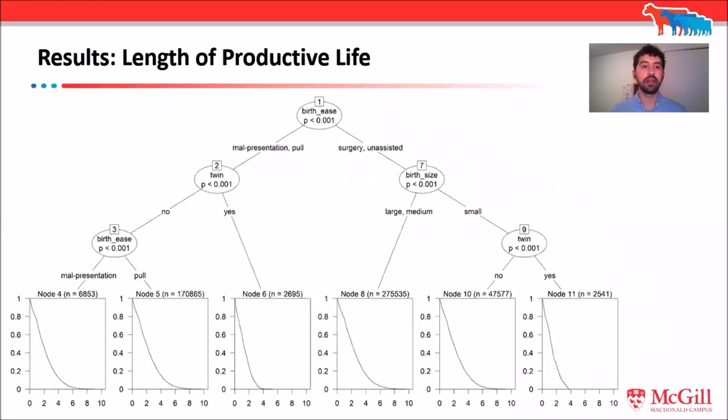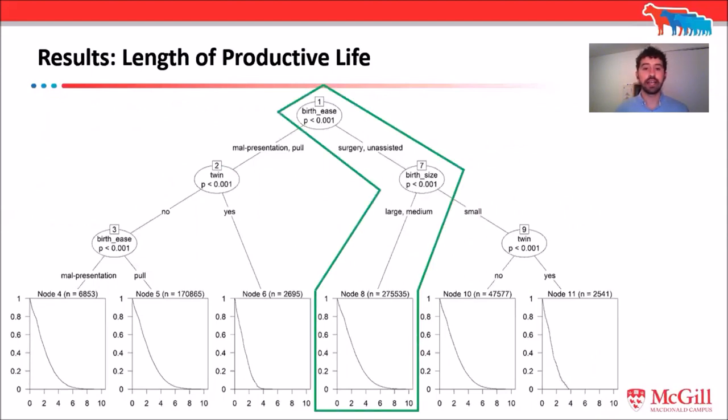Now, if we look at length of productive life, what we found is that animals that had a surgery or unassisted birth and were of large or medium size at birth had the highest length of productive life, on average 2.31 years.